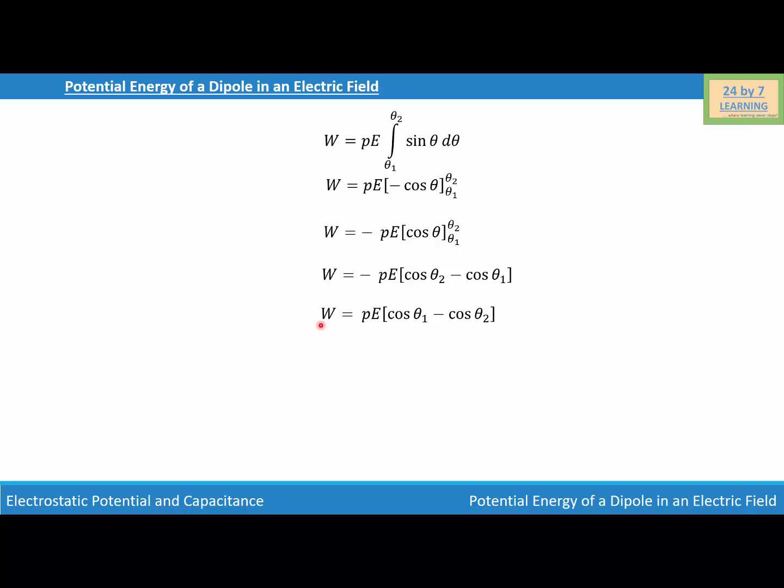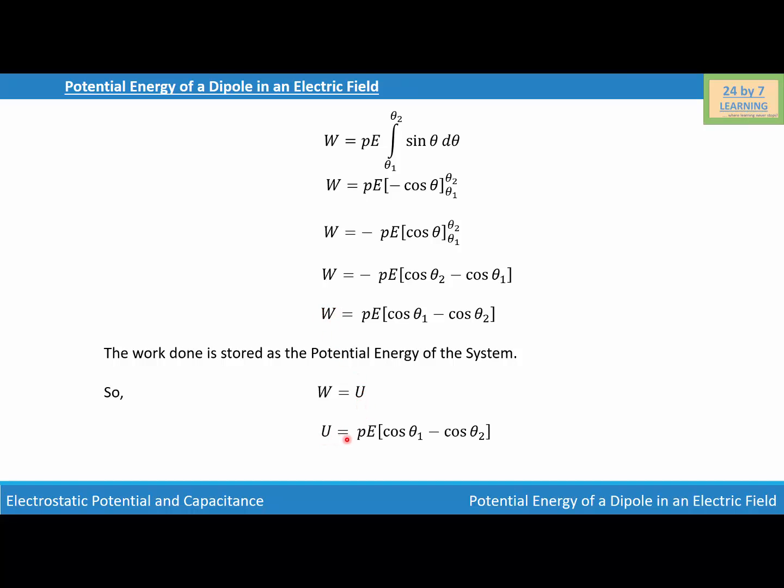So our work done is W equal to PE, cosine theta 1 minus cosine theta 2. As we know, the work done is stored as the potential energy of the system, so we can replace W by U and write U is equal to PE inside the bracket cosine theta 1 minus cosine theta 2.